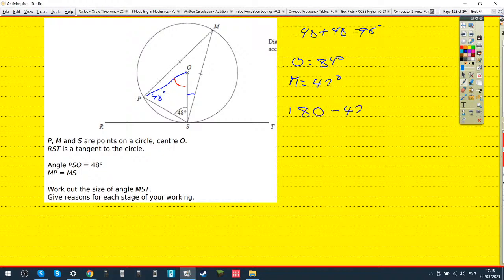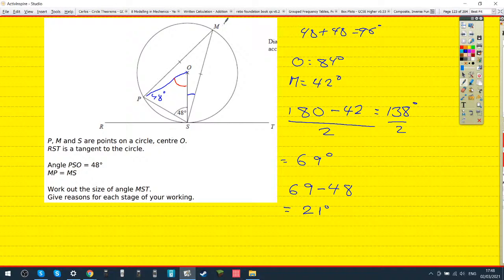Which is 138. And then 138 divided by 2 is 69. Okay. You have to do 69 minus 48. And it is 21 degrees. So that there is 21.